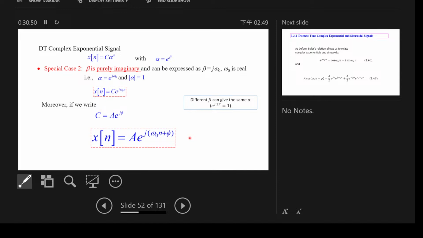I guess this is actually more important, so I should have this bigger. But anyway, for now we care about e to the j omega n, because as we learned from last time, this 5 here and this a here, I guess this a we didn't talk about.